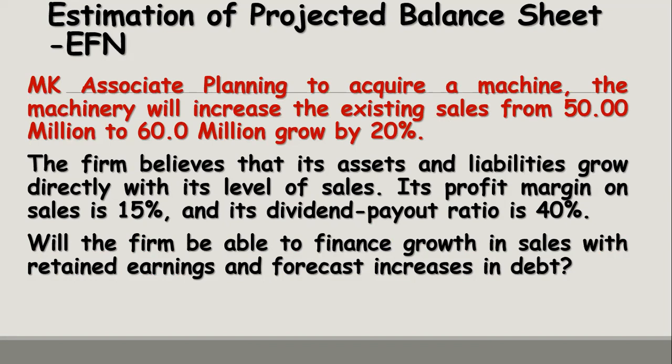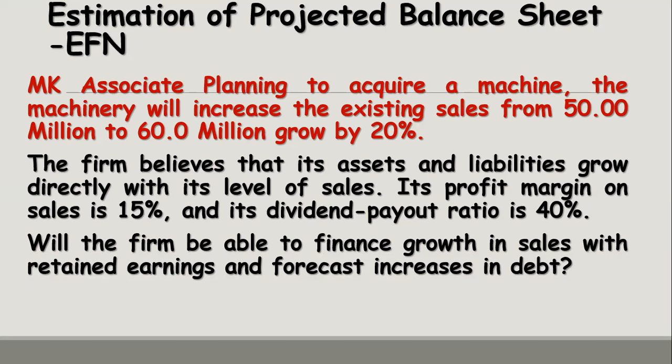Here we have an example. MK Associates is planning to acquire a machine. The machine will increase the existing sales from 50 million to 60 million. It means a growth of 20%. The firm believes that its assets and liabilities grow directly with the level of sales.